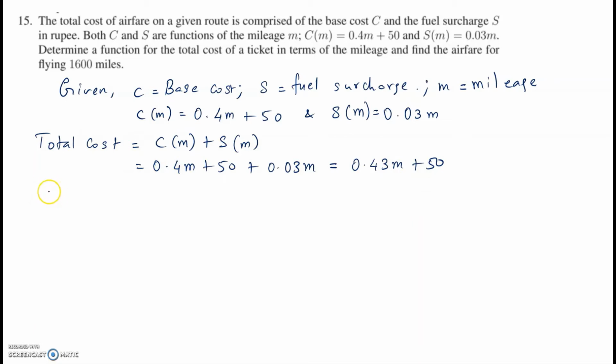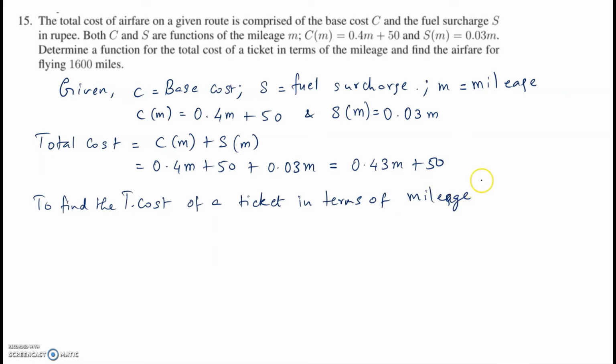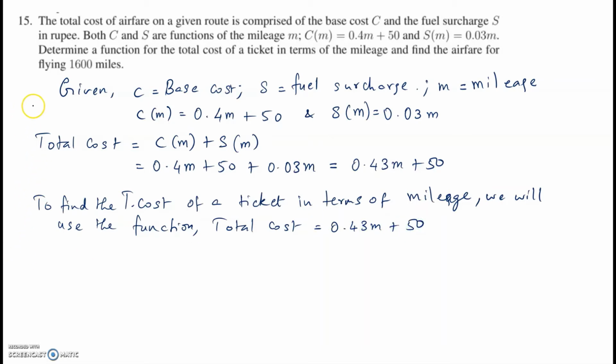Now, to find the total cost of a ticket in terms of mileage, we will use the function total cost is equal to 0.43 M plus 50.